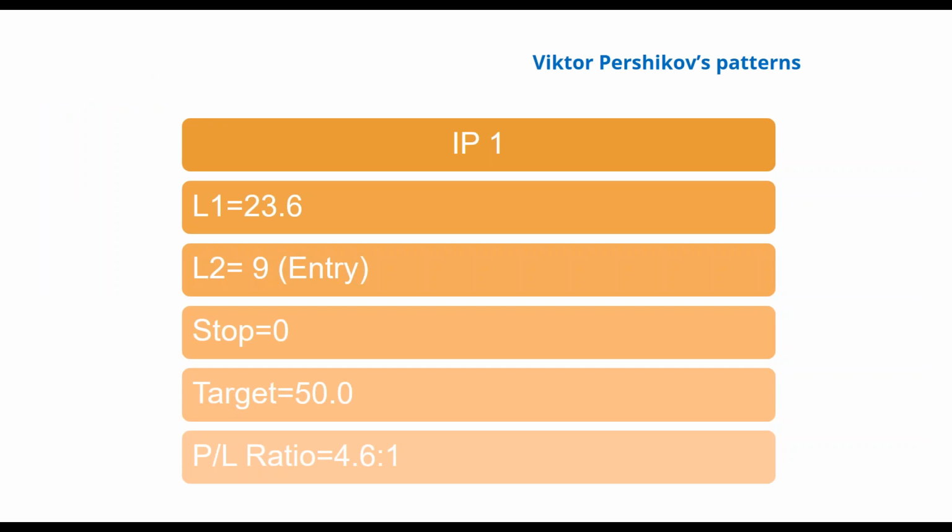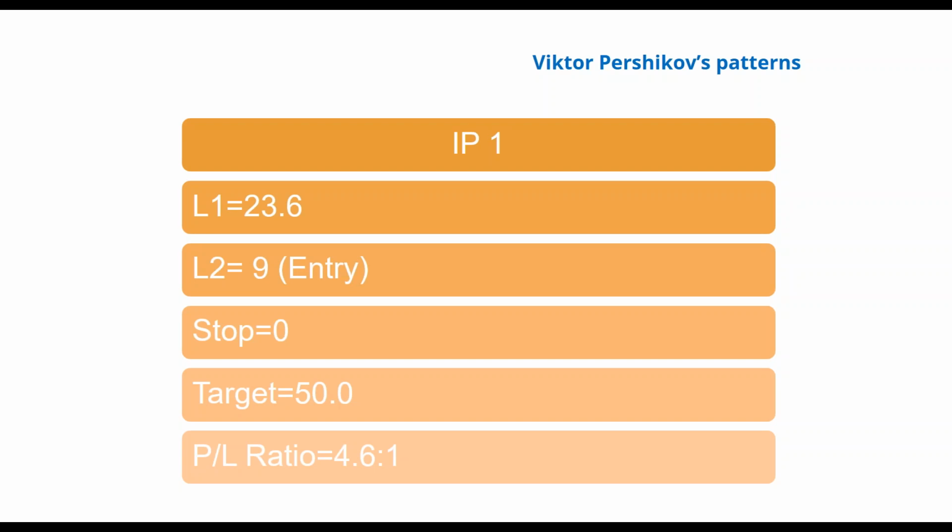So first I will mention the work on these patterns has been done by Viktor Pershikov. He is a Russian trader. He is well known in the trading community, and he basically introduced internal patterns like IP 1, 2, 3, and 4 in the IFTA journal in 2014.